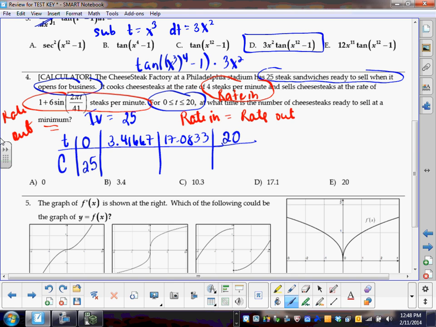Now the number of cheesesteaks is equal to the initial number plus the change, the integral from 0 to k of the rate in minus the rate out. So since this is not a free response question, it doesn't matter the work. So my rate in was y1, rate out, that's fine. You could never write that on a free response, no calculator notation.